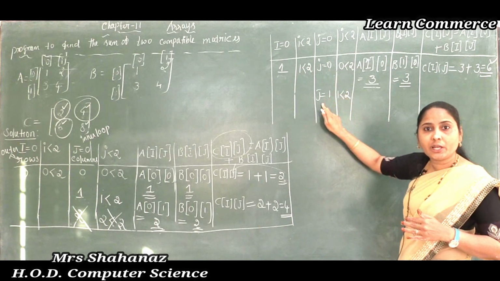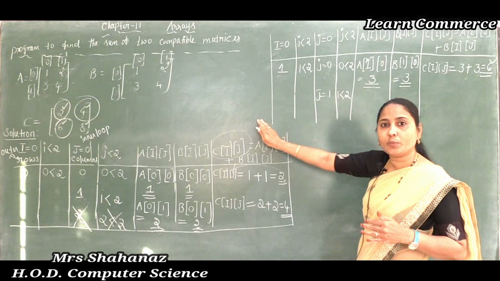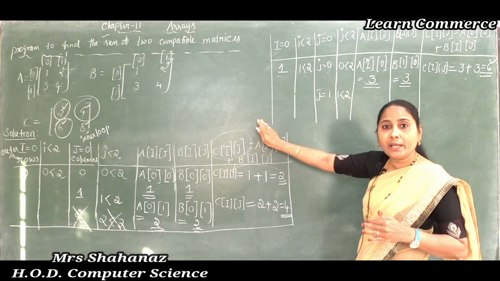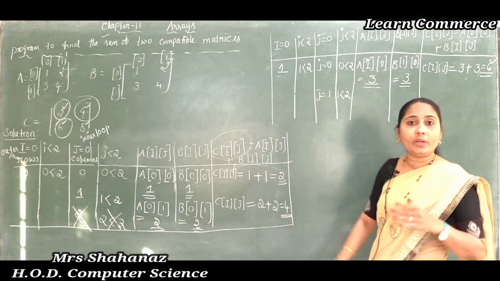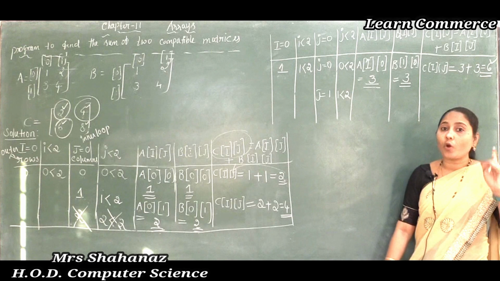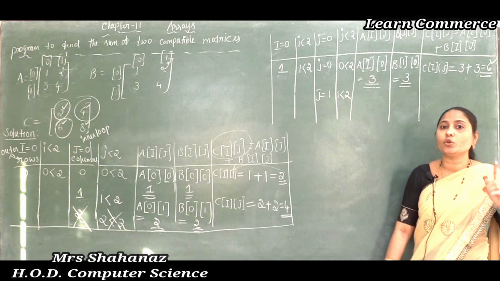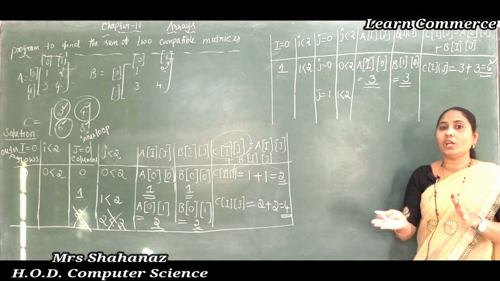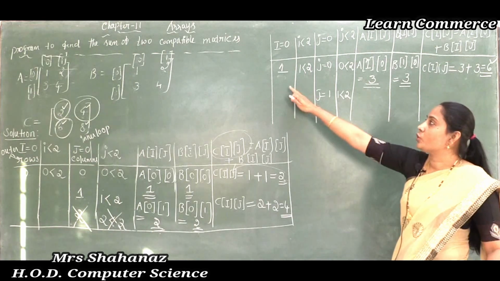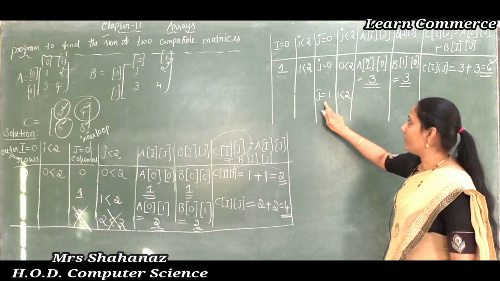If the condition becomes false, it comes out of the structure, which means we need to make the increment of the I value. When do we increment the I value? When our J value condition becomes wrong. The condition not being satisfied, only then do we come out of this structure and increment the I value.